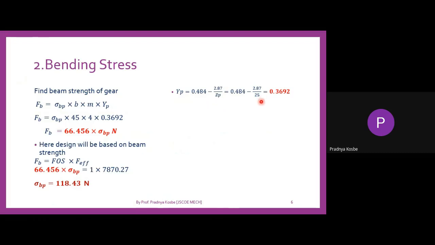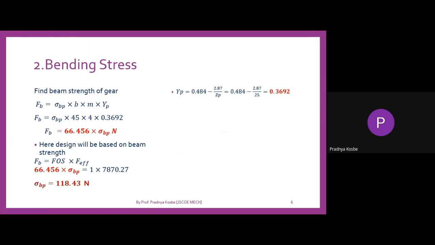Put the value of Zp, that is 25, over here. You will get Levy's form factor for a pinion, that is equal to 0.3692. Put the value, you will get beam strength in terms of bending stress, and that is 66.456 into sigma BP Newton.